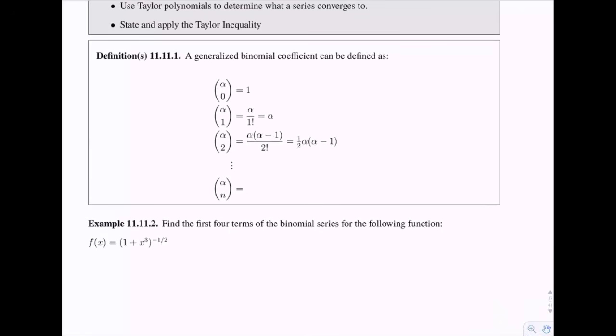So first I want to tell you about this generalized binomial coefficient. Generalized because normally binomial coefficients only deal with integers, but here alpha in this case can be any rational number. That's going to be the case that we're dealing with. So alpha choose 0 is always equal to 1. Alpha choose 1 is always equal to alpha. Alpha choose 2 is 1/2 alpha times alpha minus 1.